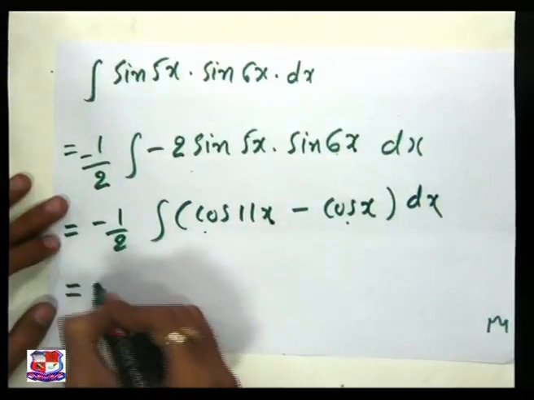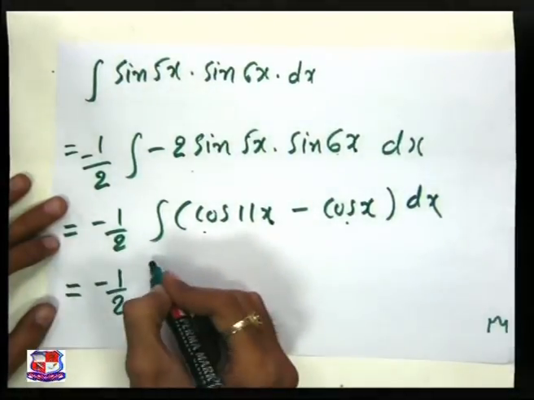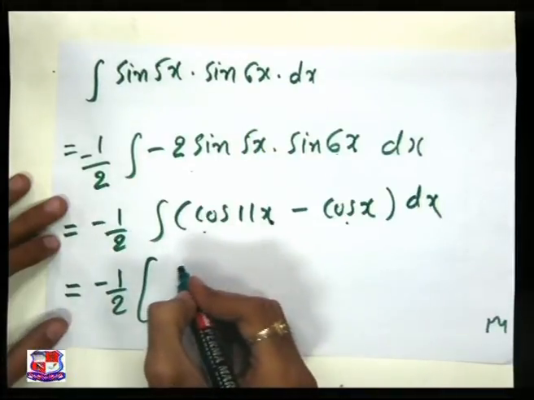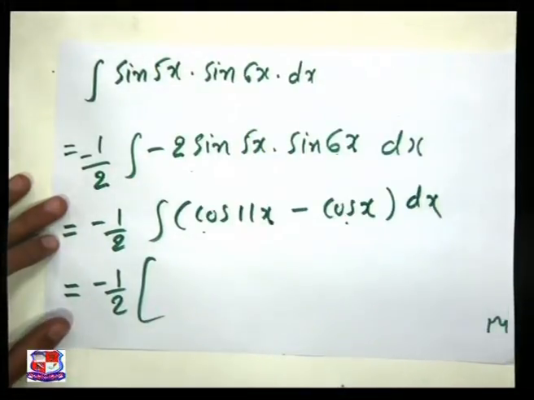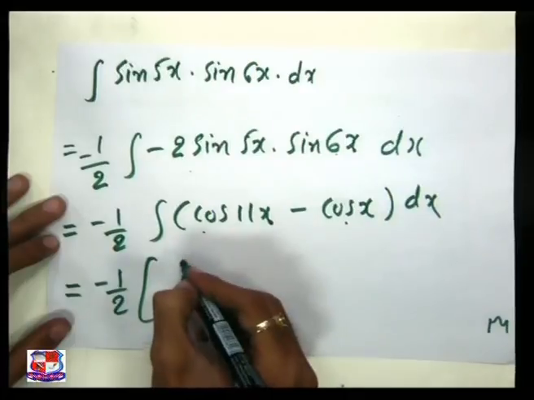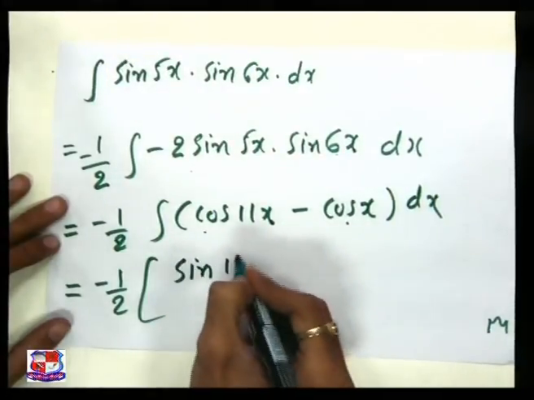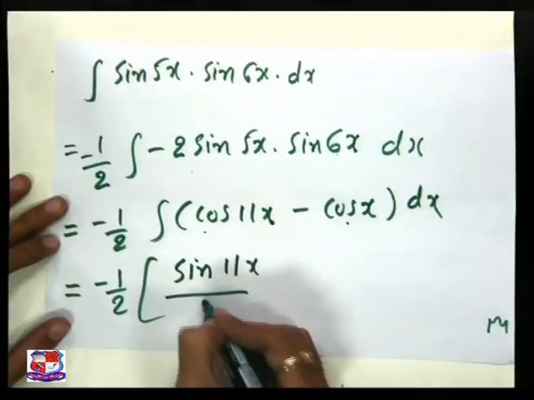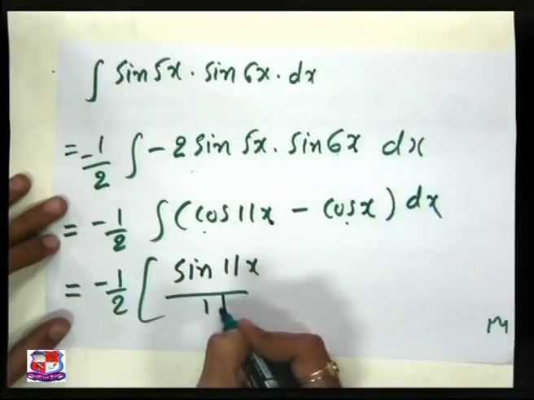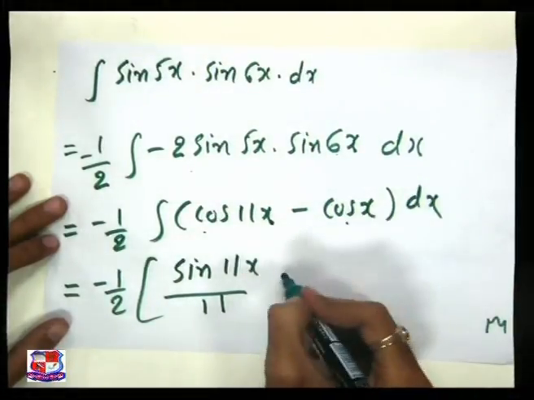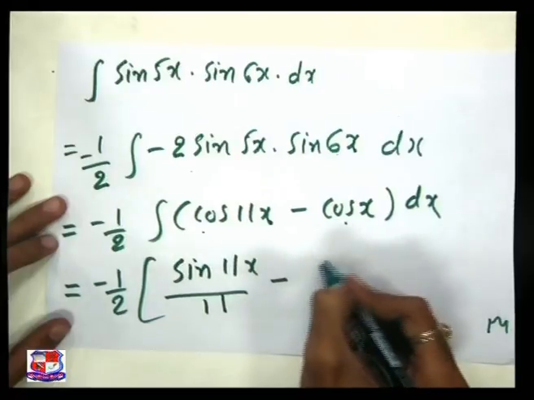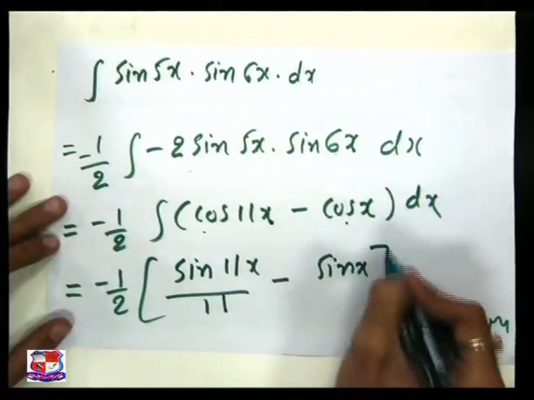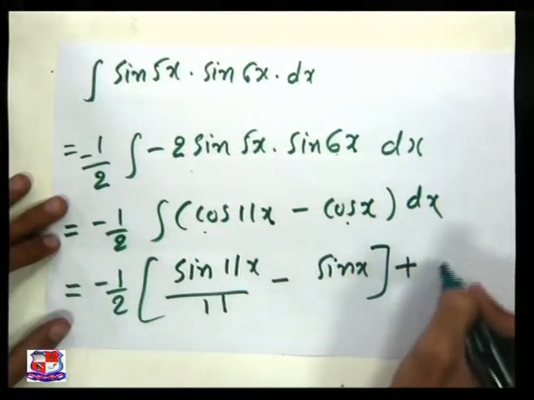This one is equal to minus 1 by 2 integration of cos 11x, that is sine 11x upon 11, and integration of cos x, that is sin x, plus c.